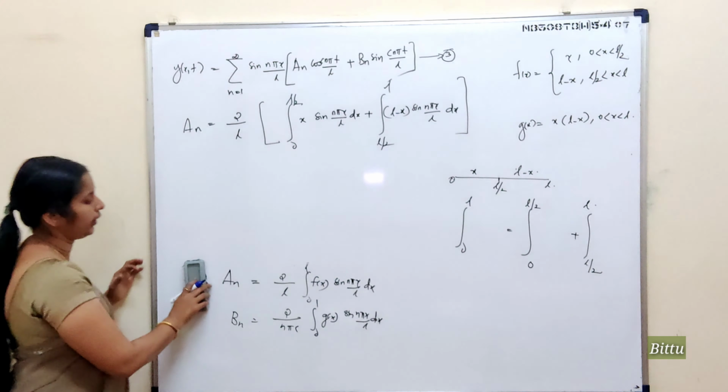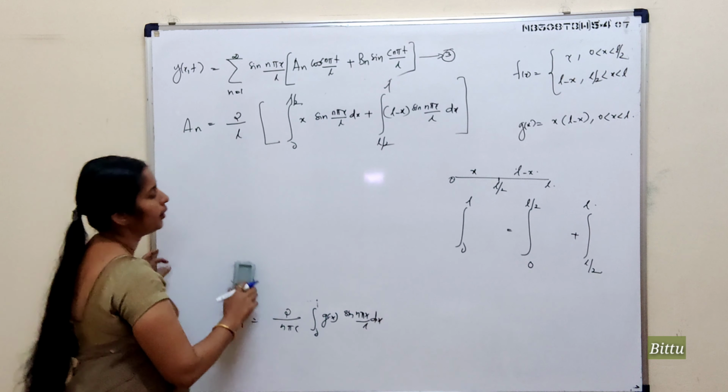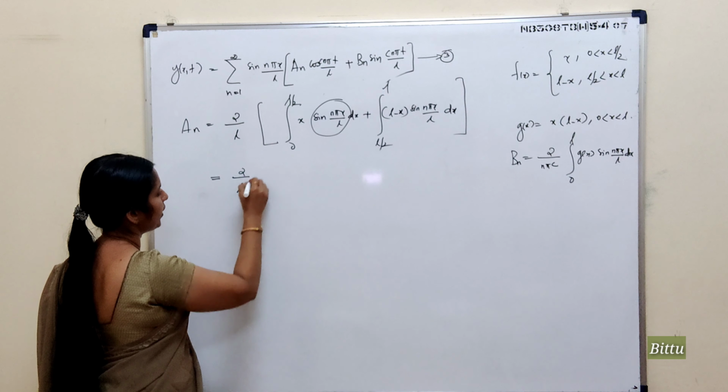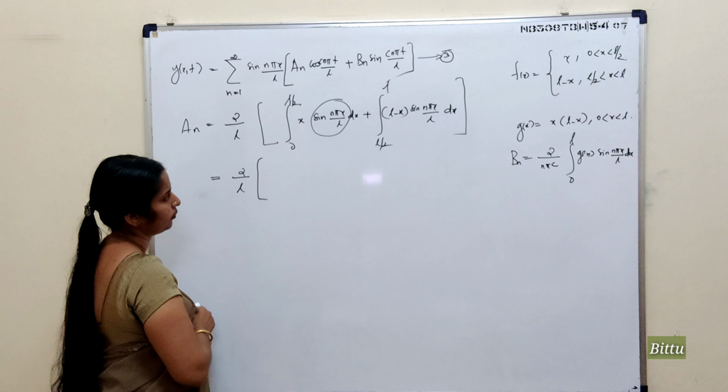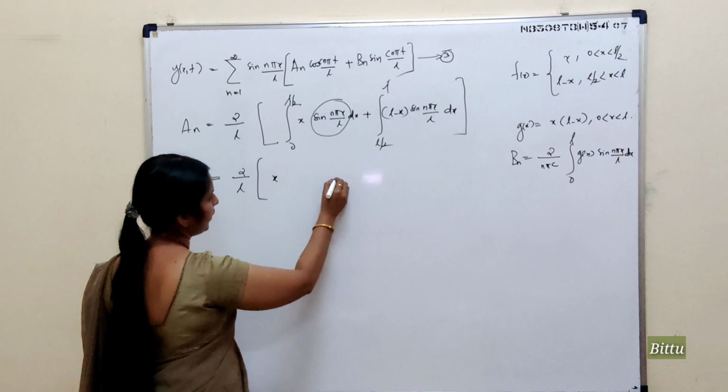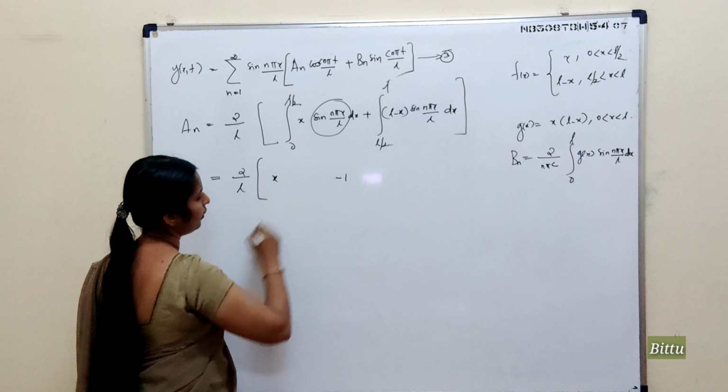Next, we have to integrate these two terms by the shortcut method which I explained in the previous videos. For the shortcut method, you start with the polynomial and write its derivative with alternating signs.